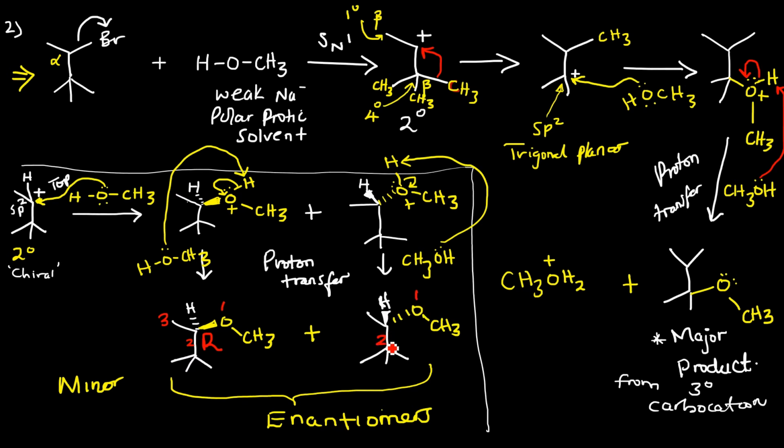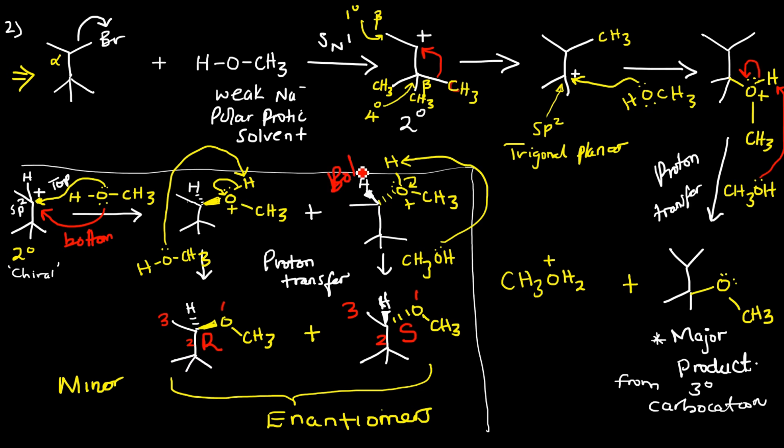1, 2, 3. You're going towards your right. The smallest group is towards you. This is an S. And because there was equal approach of the nucleophile, you're attacking from the top, or you could attack from the bottom face. Because there was equal approach of the nucleophile, that's why you get equal mixtures of these two guys.